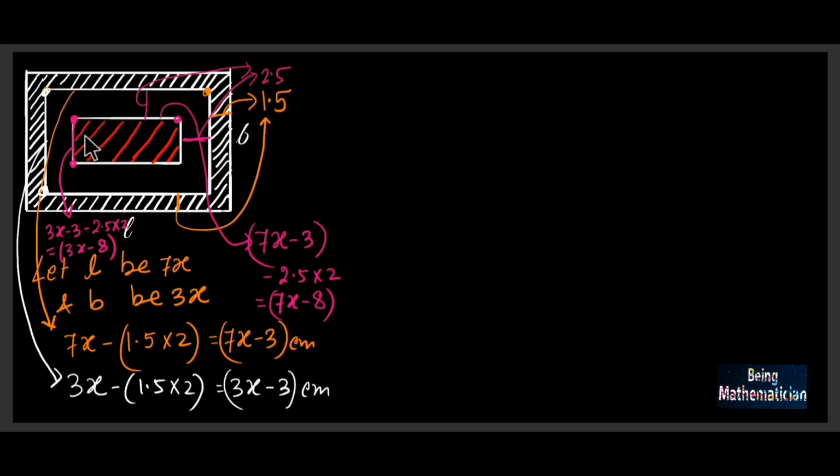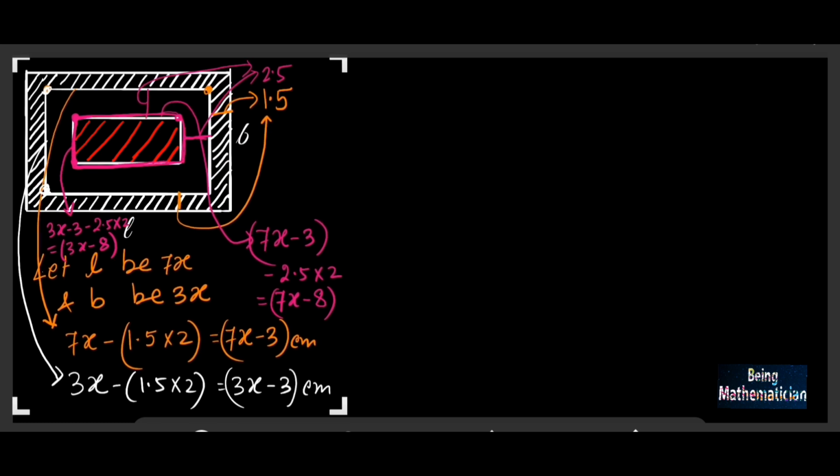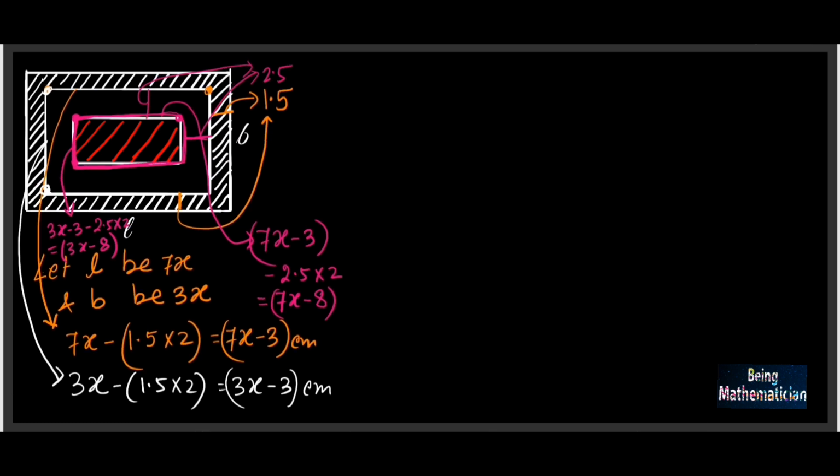Now in the question, the perimeter of this rectangle is given. So we can equate the perimeter of this rectangle.